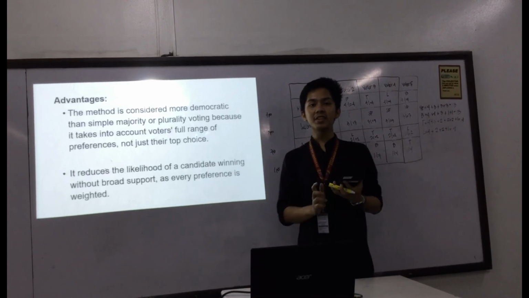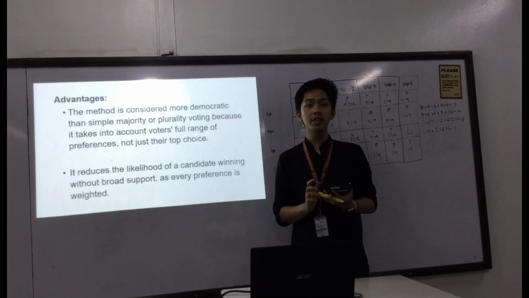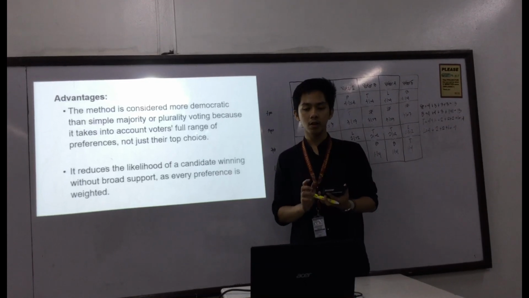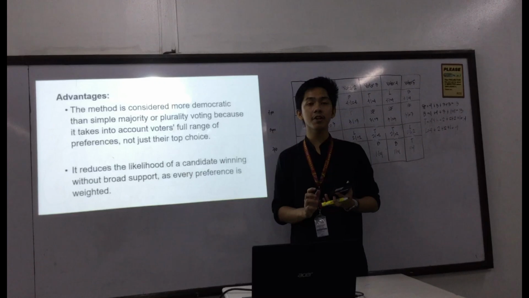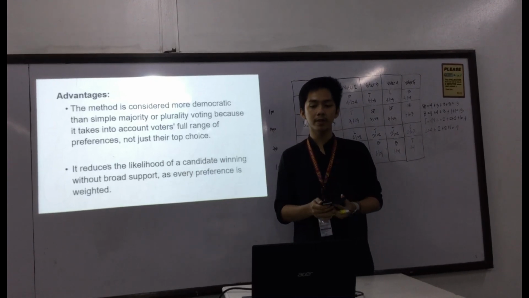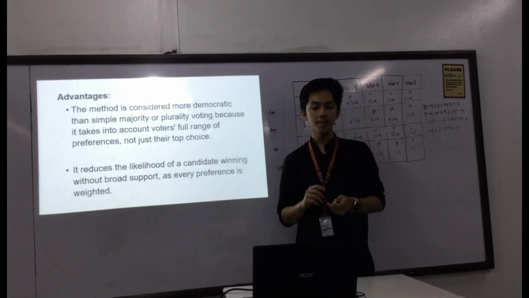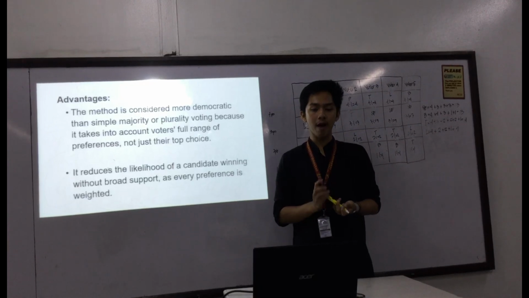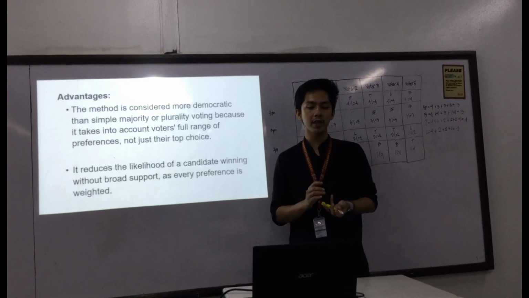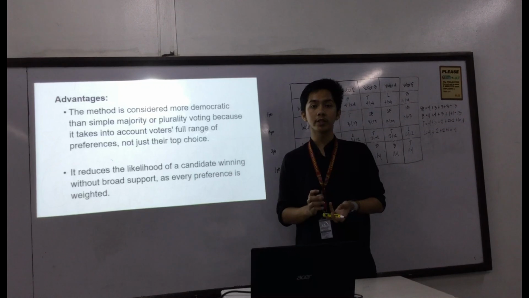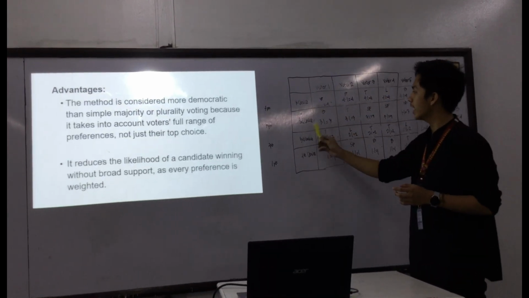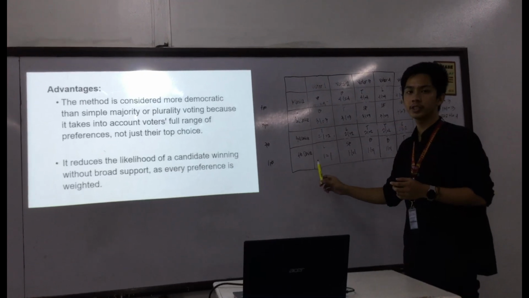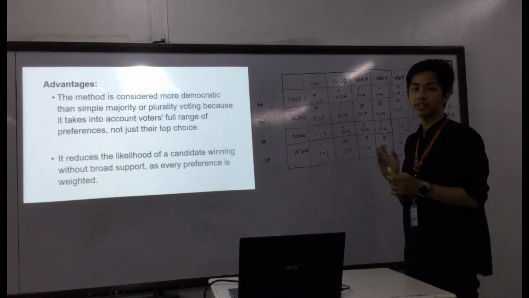So what are the advantages of using the Borda count method? First, this method is considered more democratic than simple majority or plurality voting because it takes into account voters' full range of preferences, not just their top choices. As you can see, they have first choice, second choice, third choice, and fourth choice. They do not rely on the top choice only.